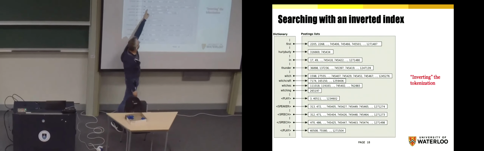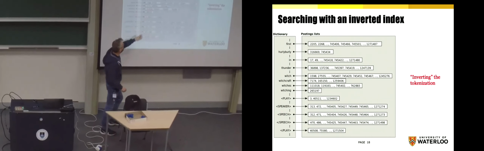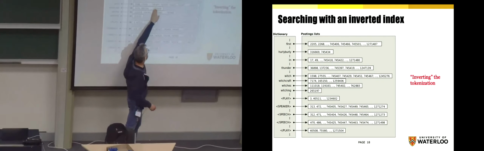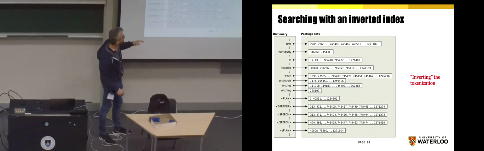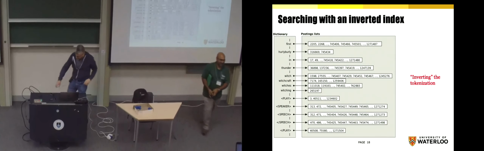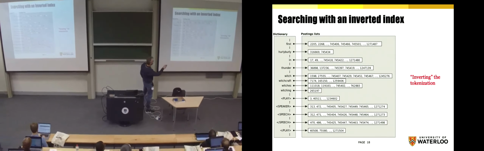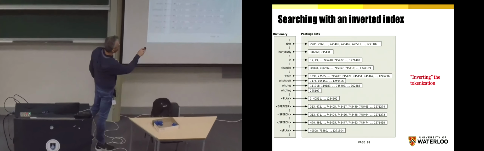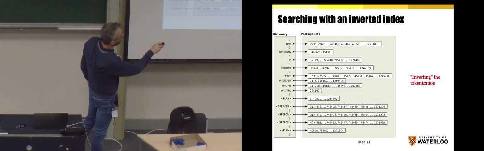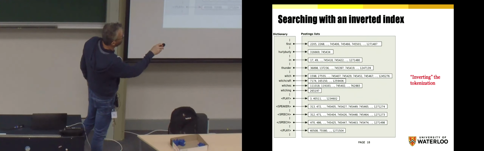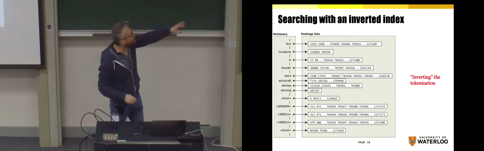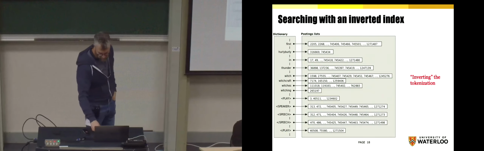Here's witch, and it occurs at position 1598, and then it doesn't occur until 27,555, and sometime later it occurs at 745,407, until we get right to the end, with an occurrence at 1,245,276.